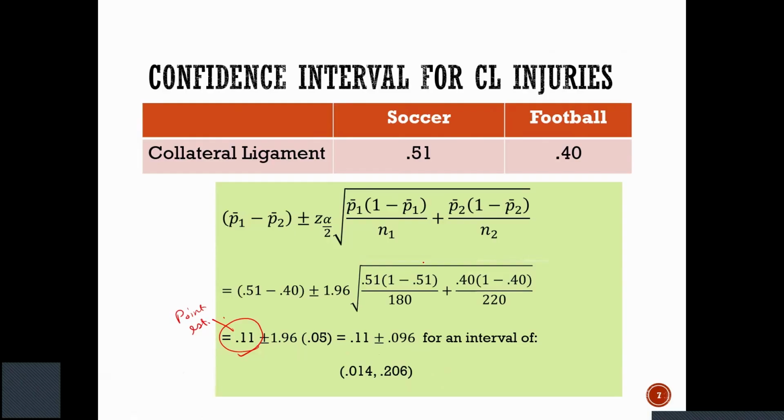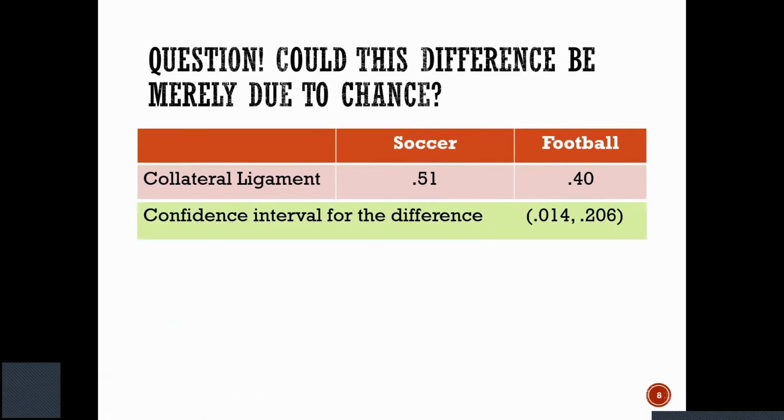Now, the thing to note, because this is about difference, is that 0 is not in there. So what this is saying is that you have 95% confidence that the difference is not 0, meaning there is actually a difference.